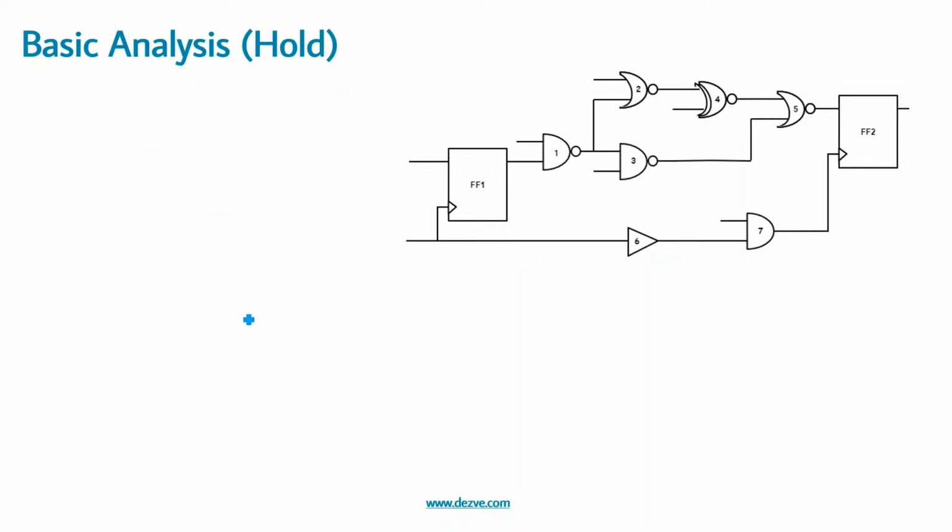Now let us see the hold. For hold, we have seen that DAT minus DRT should be greater than or equal to T hold. If you want to see the worst condition, we want to increase this path. This can be a max path, and we want to decrease this path. So this has to be a min path, and then still see that this particular thing meets the requirement.